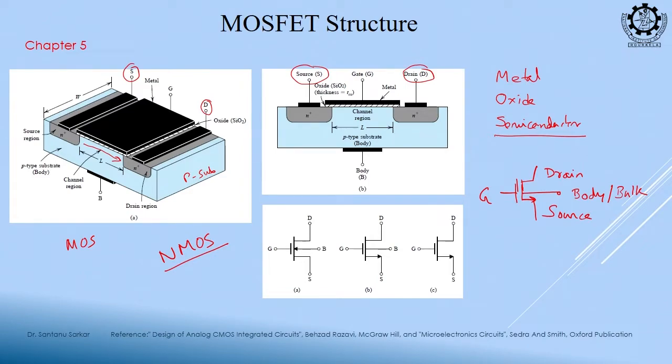If we begin again, we have a P substrate, and suppose we want to make an N type MOSFET. We will be doping an N type source and N type drain, and in between we will grow a little oxide, on top of this between source and drain.